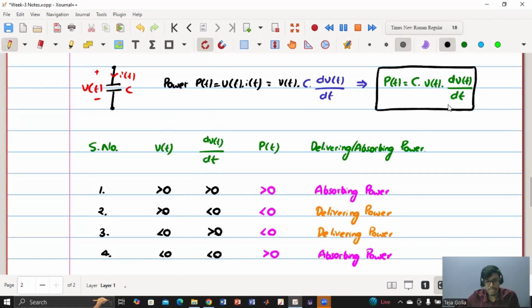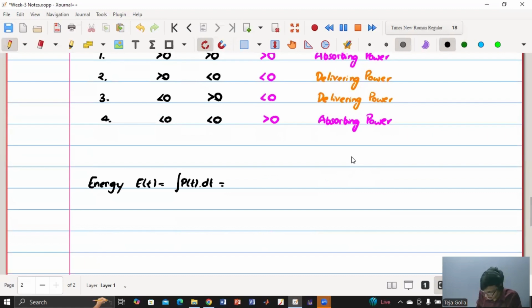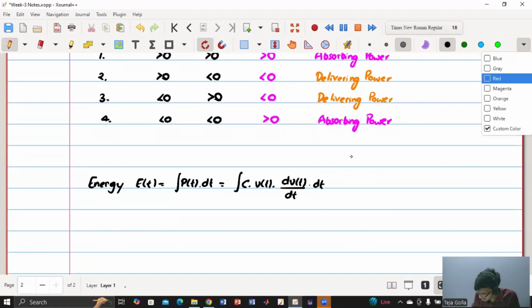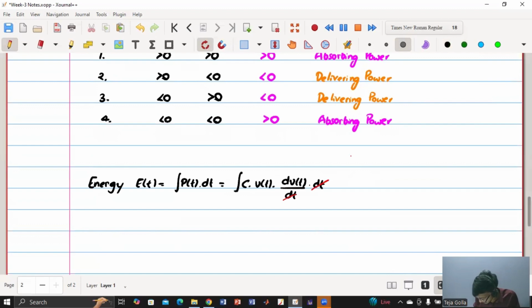P of t is C V of t dV of t by dt. So it is the integration of C into V of t into dV of t by dt into dt. The dt and dt get cancelled. Now we have C into V of t into dV of t. We are integrating with respect to V of t, so this will be C into V square of t by 2.